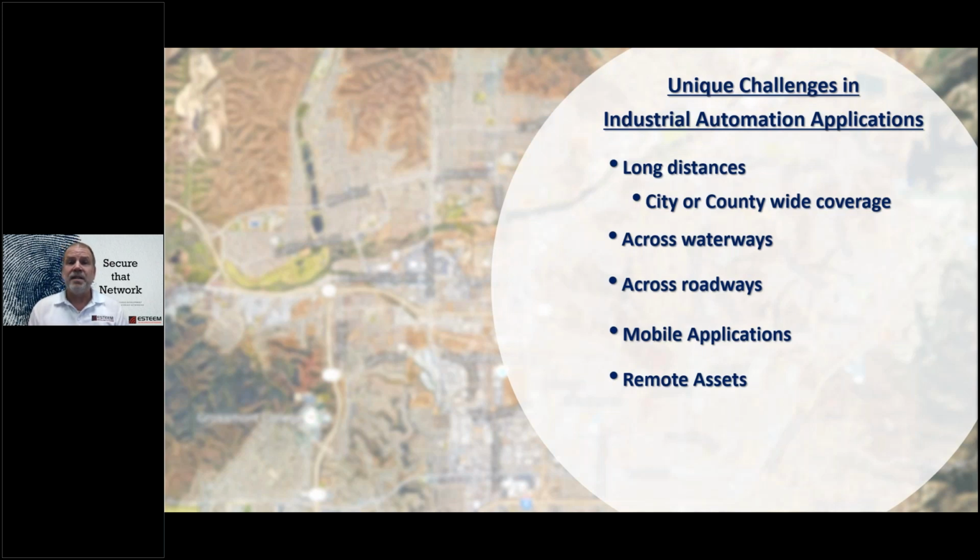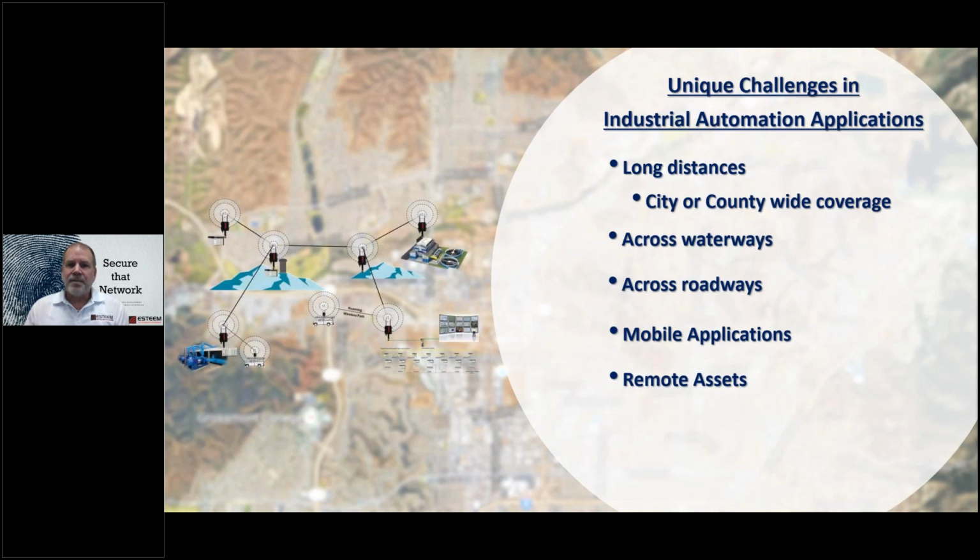These can be city or county-wide coverages. We're trying to get across roadways and waterways. In a lot of applications we have mobile vehicles, whether that be an AGV or a maintenance vehicle, so things are not stationary. When we talk about these remote assets and unique challenges, a lot of times this is where wireless is implemented and brought into the equation.